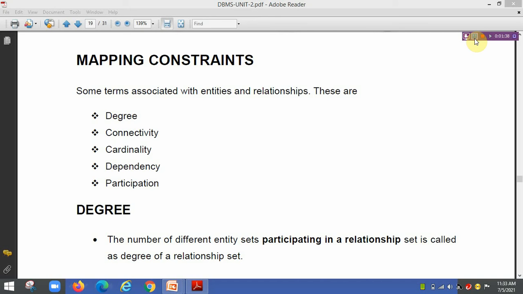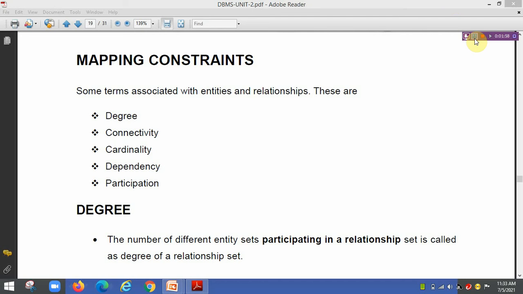These 5 terms are associated with the entities and relationship. Let us discuss one by one what is degree, connectivity, cardinality, dependency, and participation.